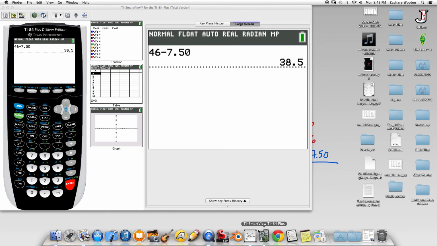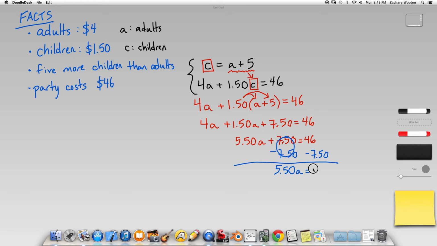So let's go back to the problem, and we know that that equals 38.50. Now, I've got 5.50A equals 38.50.